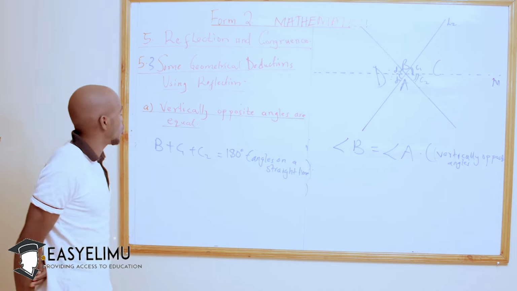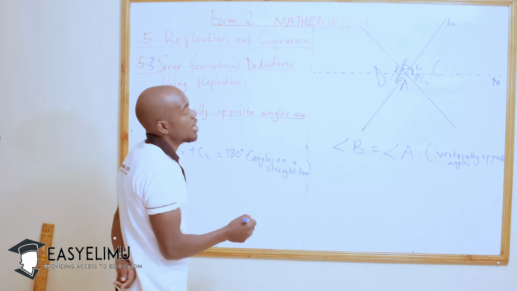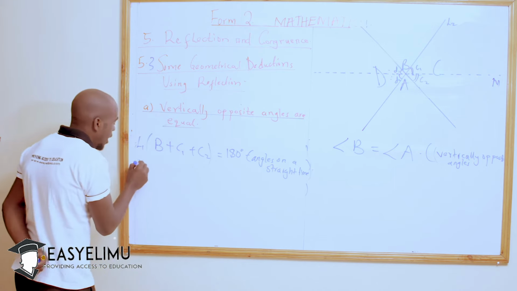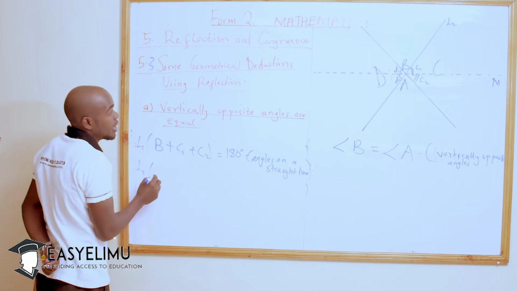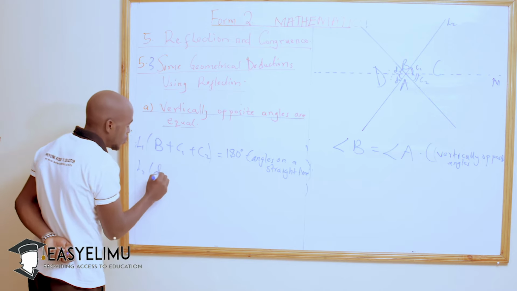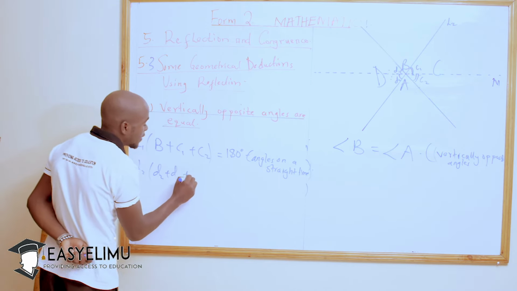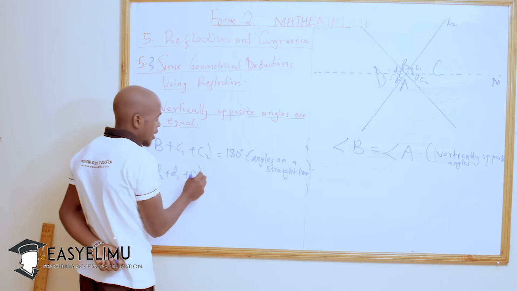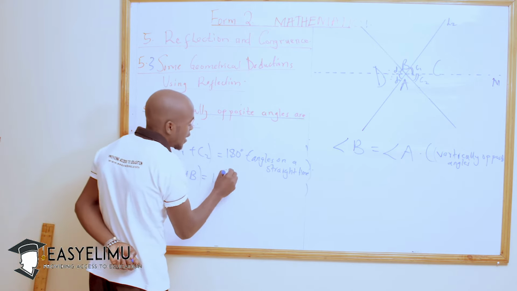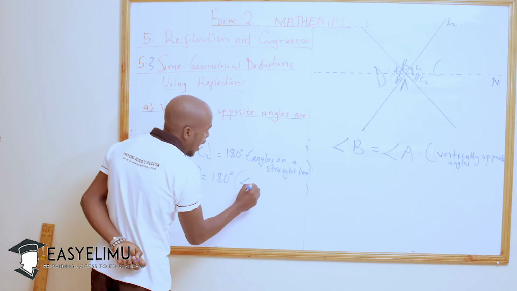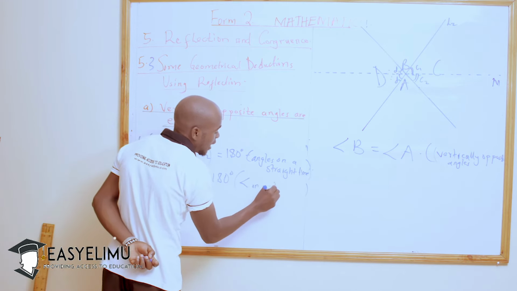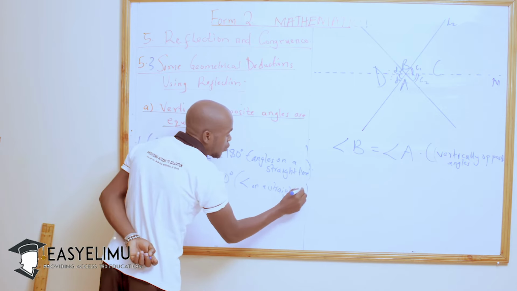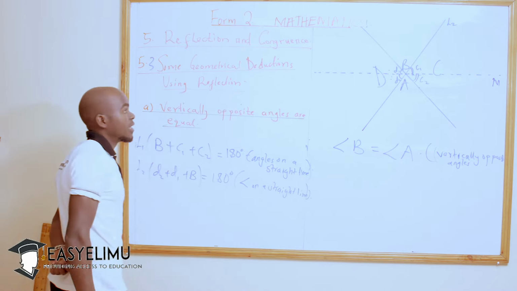And we can see also, if you do the other way, this was on line L1, but on line L2, if you take D2 plus D1 plus B, this is going to give you also 180 degrees. And these are angles on a straight line. And we know angles on a straight line add up to 180 degrees.